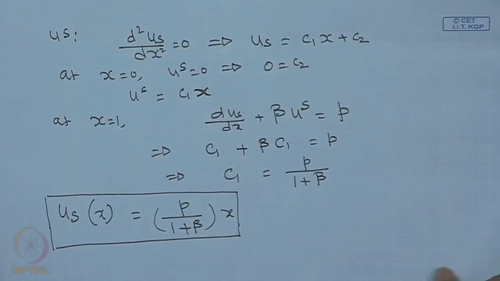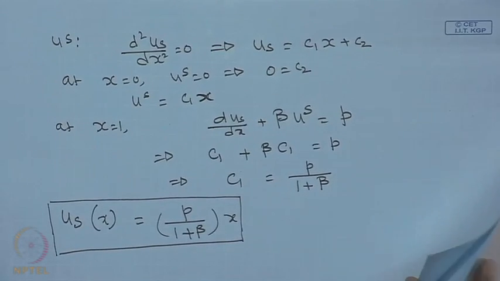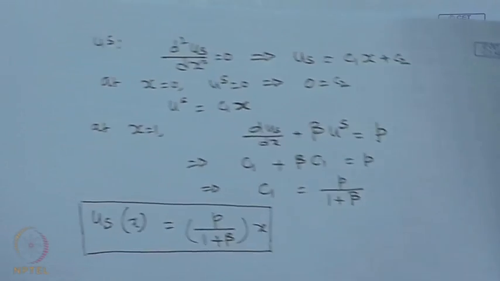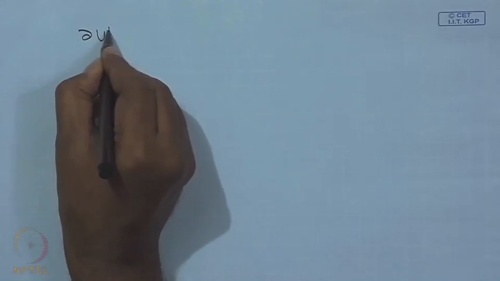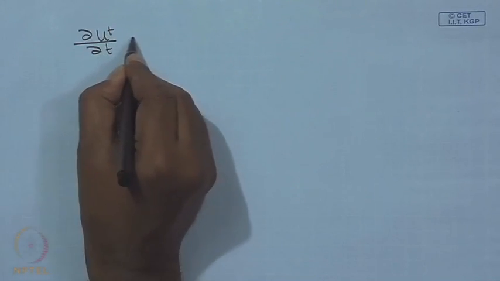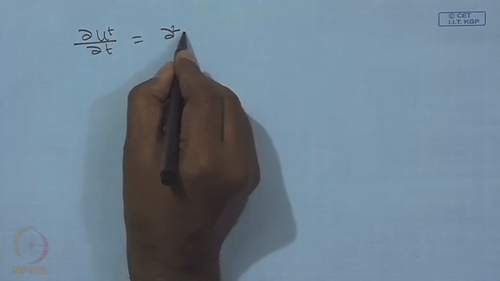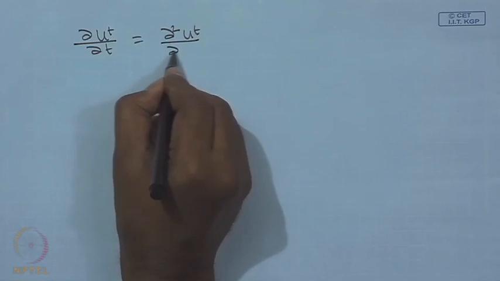So, if you now look into the transient solution, we have already done a similar type of thing earlier: del u t del t is equal to del square u t del x square.